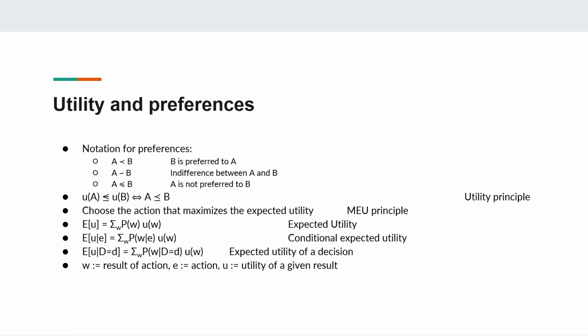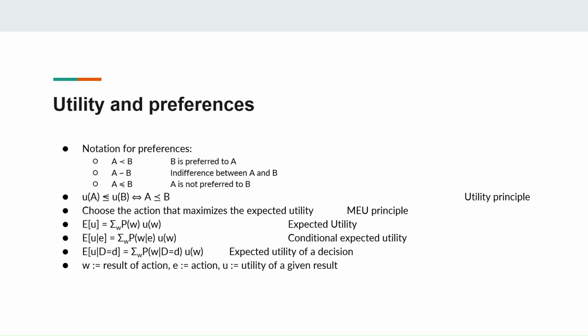Okay, so what we then have is something that's expected utility. So that's given an action, what can we expect to come out of this? Let's go back to our example: we have our action of study, and we have our result, which is pass or fail.